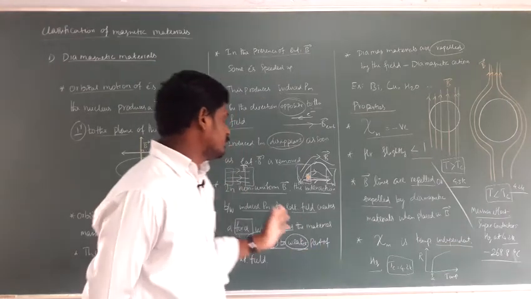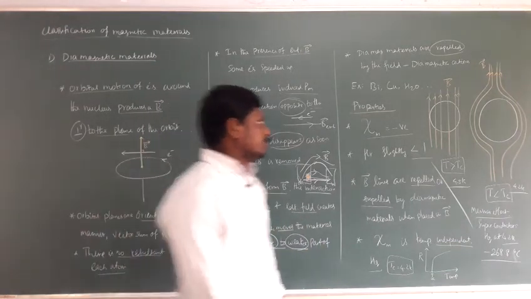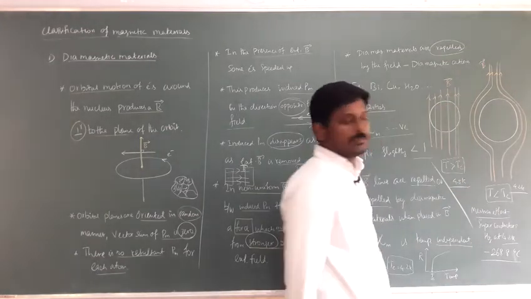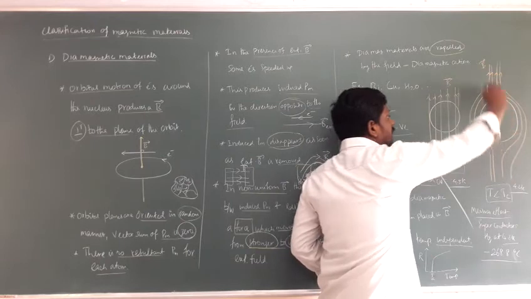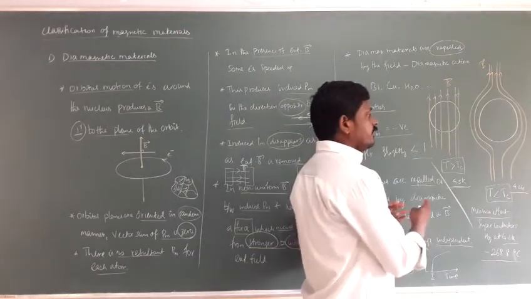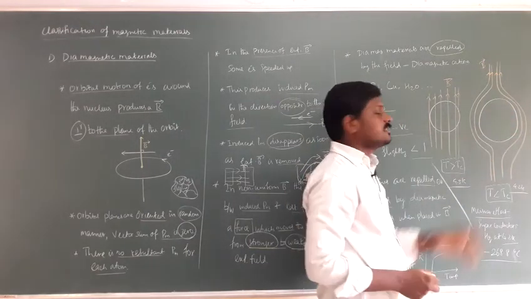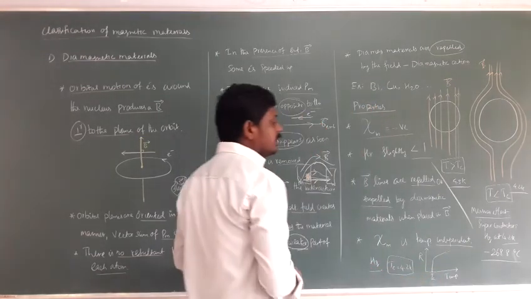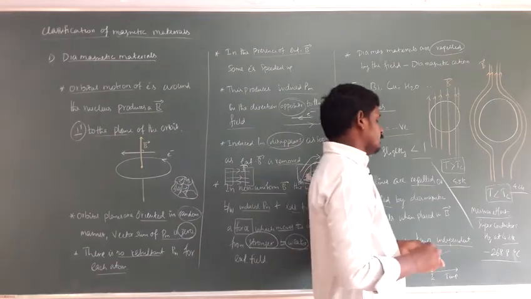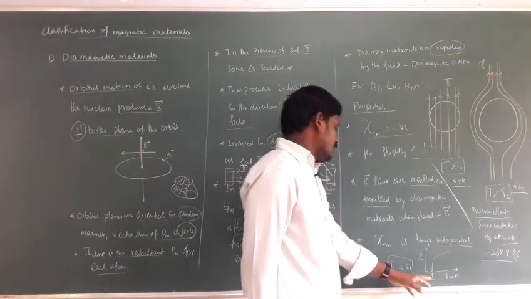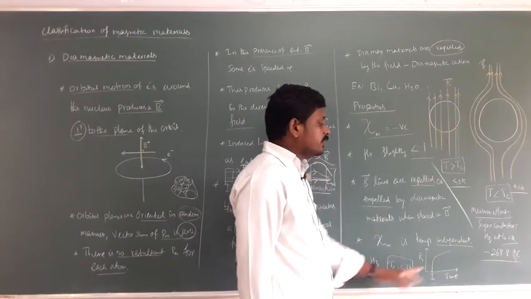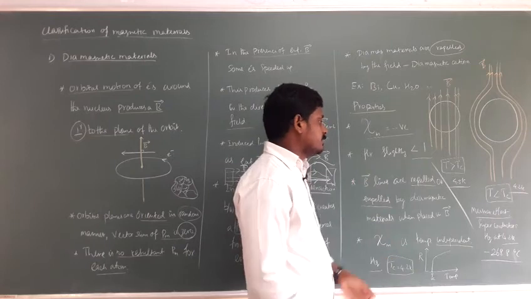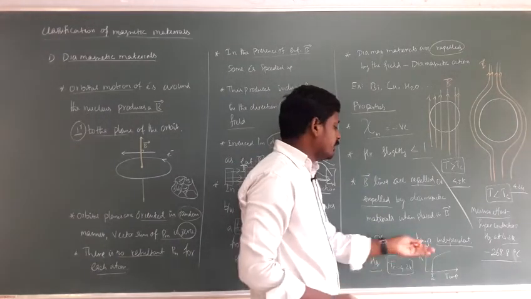See, this is a diamagnetic material. If it is placed in a magnetic field, the magnetic field is excluded. The same effect is seen in superconductors, for example mercury at 4.2 Kelvin. We studied in lesson 2 that at the transition temperature, 4.2 Kelvin, which is minus 268.8 degrees Celsius, the resistance of mercury goes to 0.